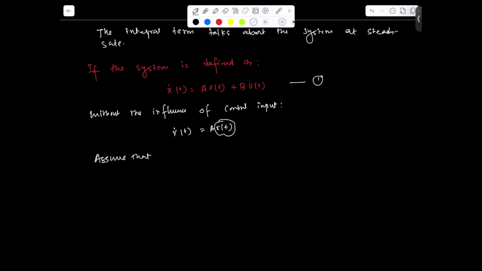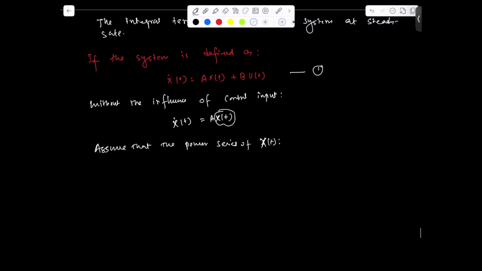Assume that the power series of x of t, which should be capital X of t, we can write in terms of the power series: b naught plus b1 t plus b2 t squared dot dot dot plus bk t to the k dot dot dot.